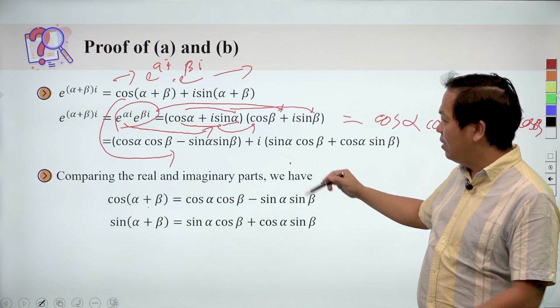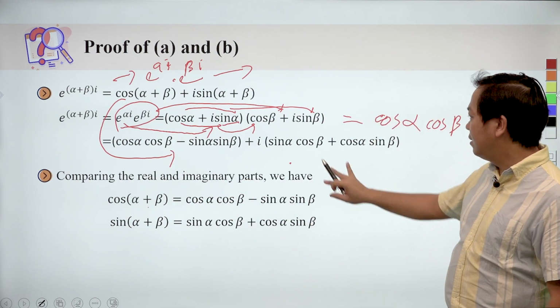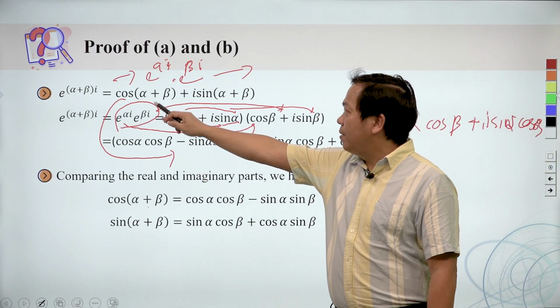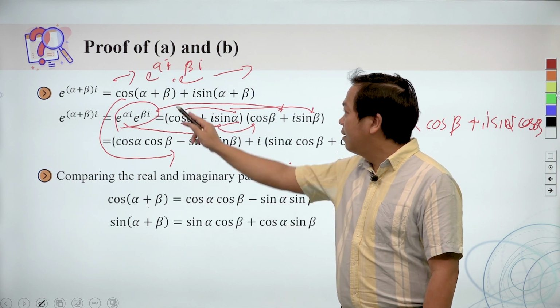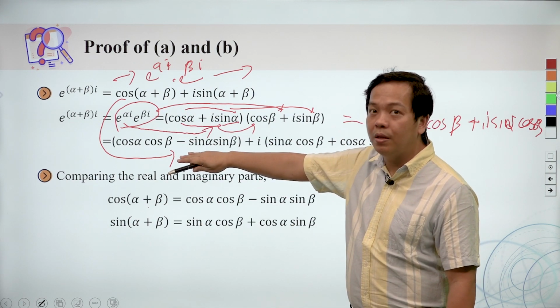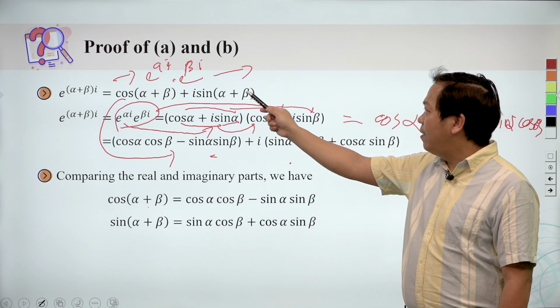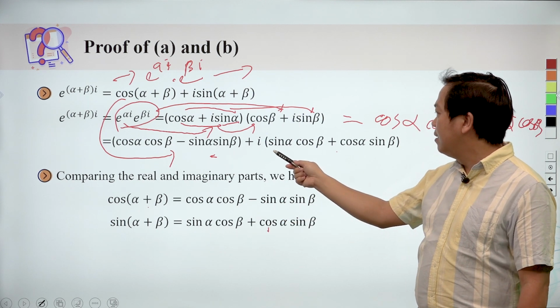So you can see that this is a real number, and this is an imaginary number. You see the corresponding cos is the real part, and sin(alpha plus beta) is the imaginary part.